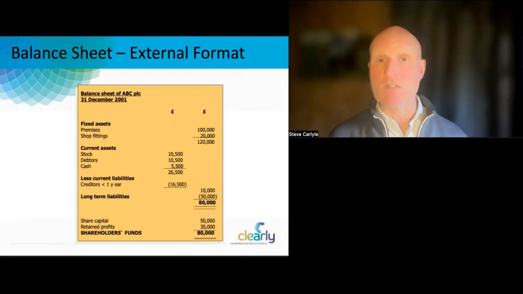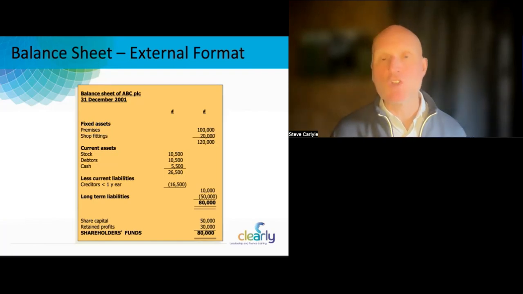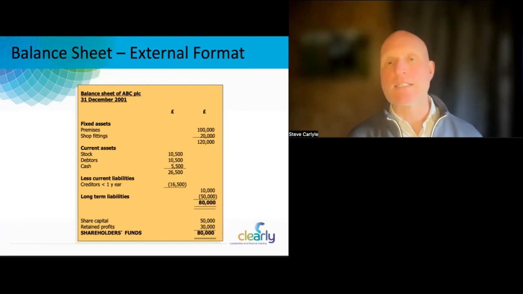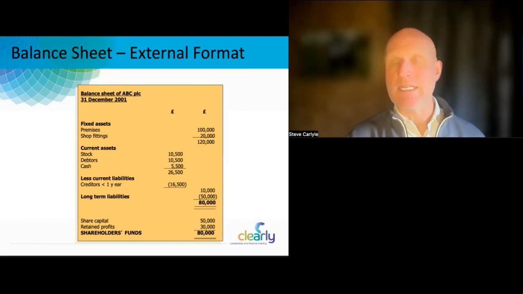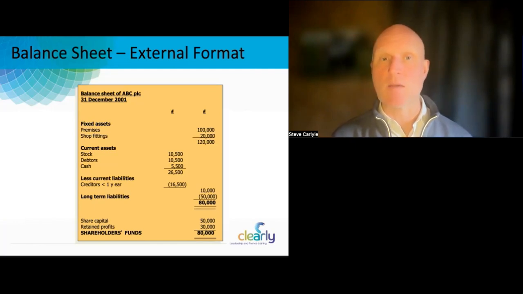In that balance sheet, you've got fixed assets at the top. Remember, they might sometimes be called non-current assets. You can use either name. Then you've got your current assets and your current liabilities. In that pro forma I've shown you there, I've just put the current assets and liabilities slightly indented, just to keep it clean, just so it's easier to view. And I've actually netted off the current assets and current liabilities, so you can see the net of the current assets less the current liabilities there.